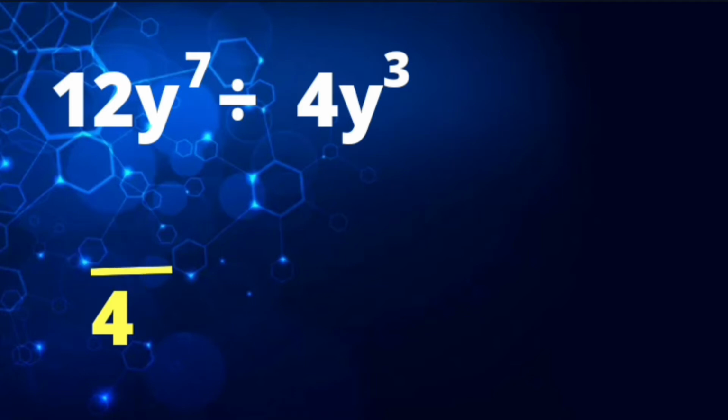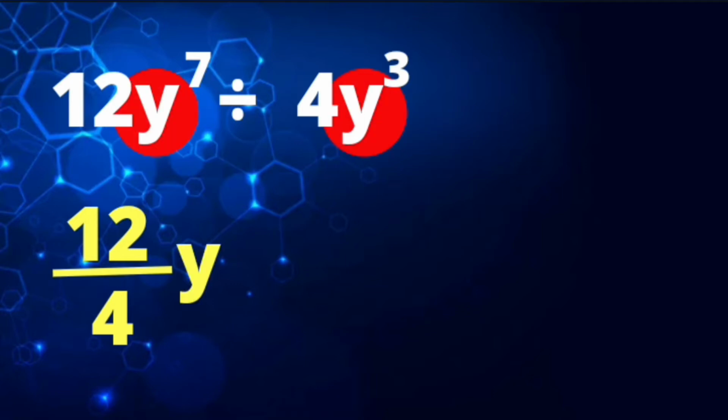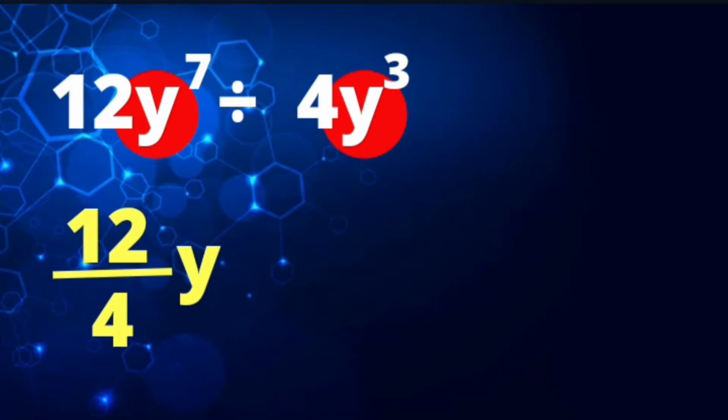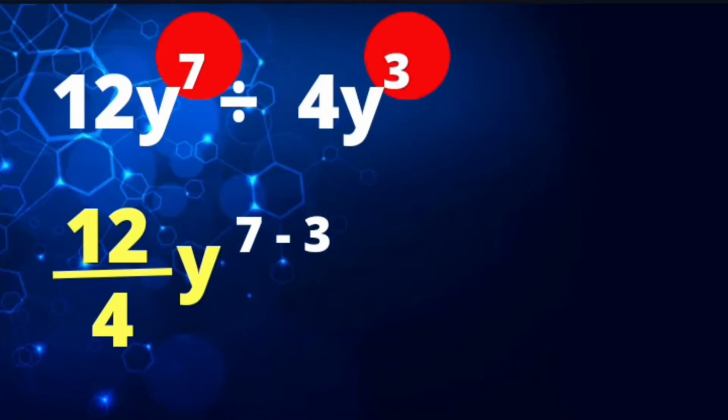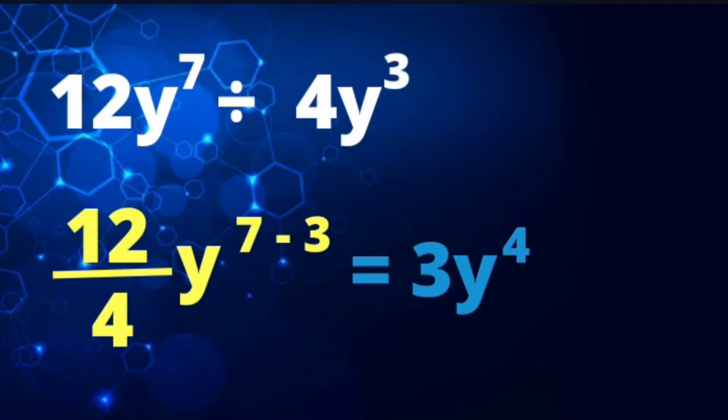And since we have the same base here, we pick one of the base, which is y. Next, we minus the powers, so we have 7 minus 3. 7 minus 3 is 4, and 12 divided by 4 is 3. So our answer will be 3y raised to power 4. I hope you understand this.